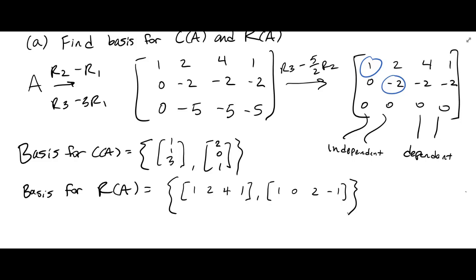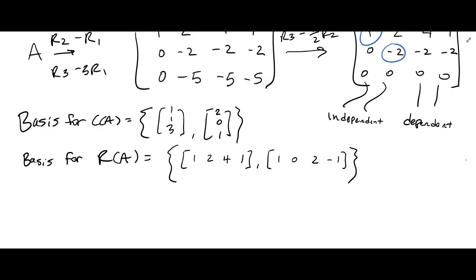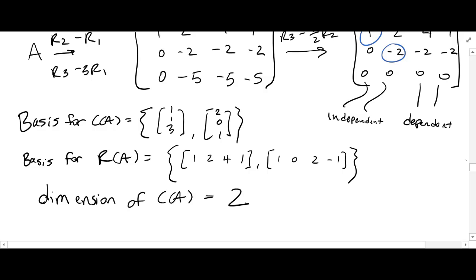So the dimension of the column space of A is 2. Since there are two vectors in the basis, the dimension of the row space is also 2.